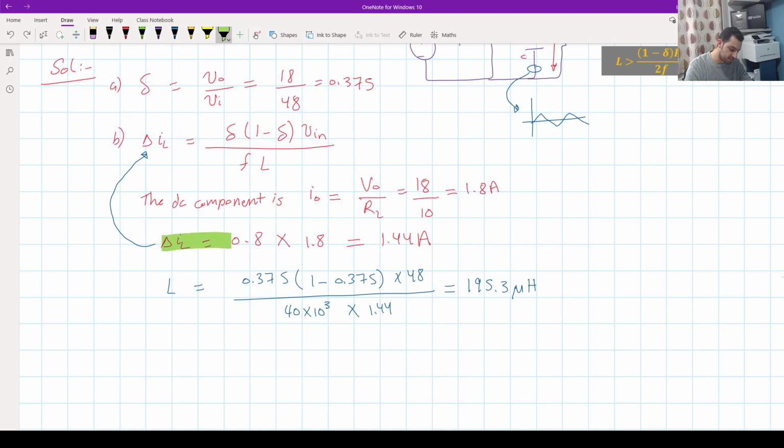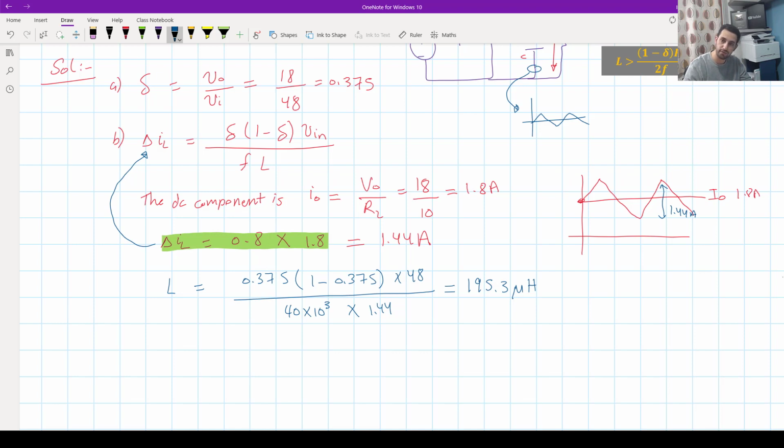I think the question says here the ripple is 80% of my DC output. So if we want to draw it to understand the meaning: I have my I output here, which is 1.8 ampere, and the ripple is 1.44, which is 80%. That means it's going up and down, and the peak to peak there is 1.44 ampere.